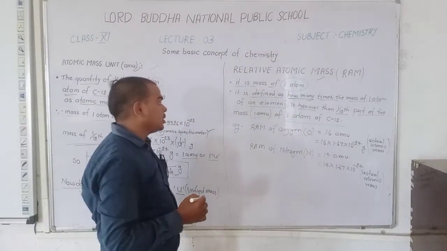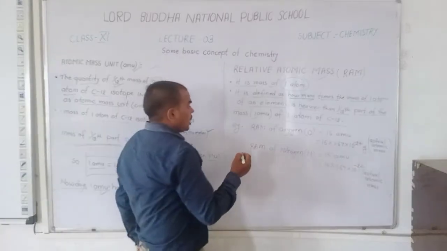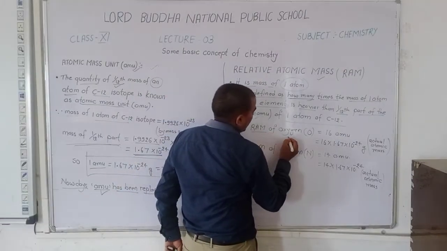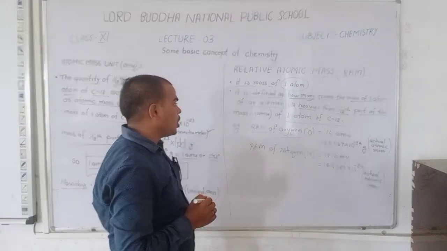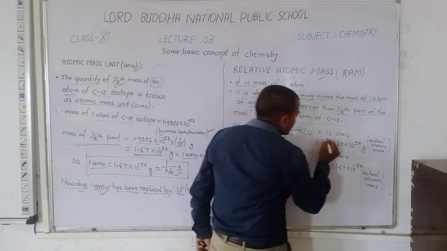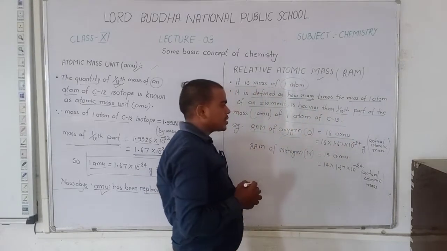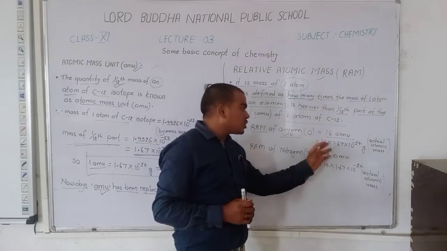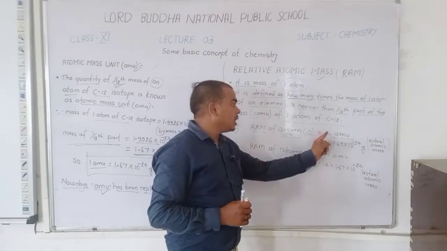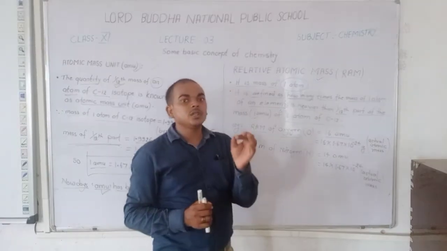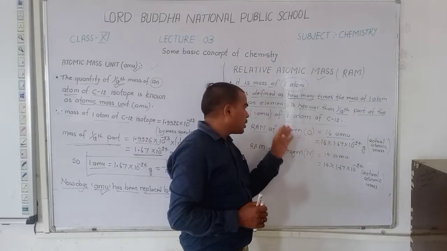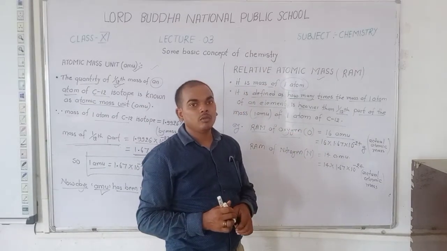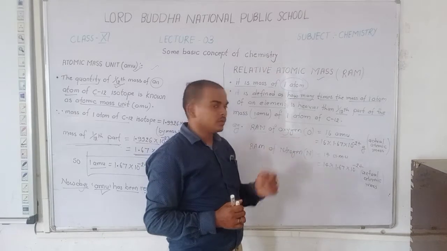That means the relative atomic mass of oxygen is 16 AMU, but it is not the actual mass. It is the relative atomic mass. 16 atomic mass unit is the relative atomic mass of oxygen.